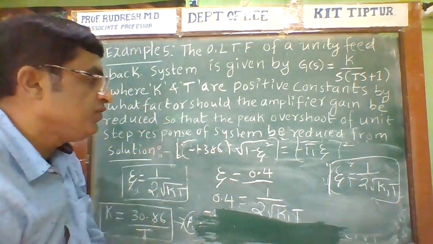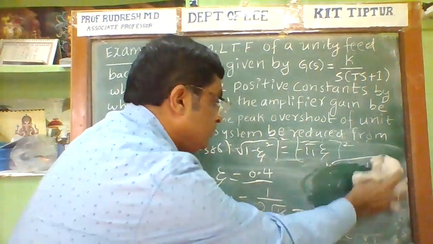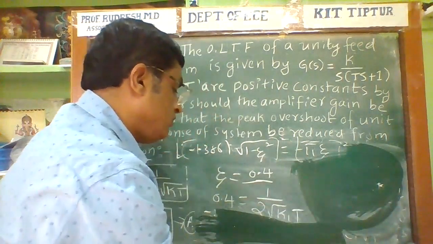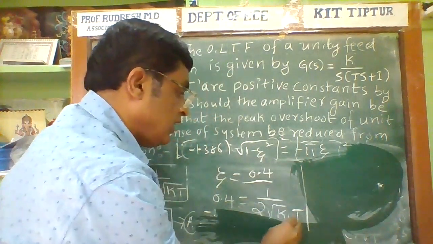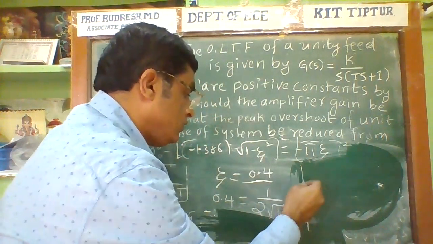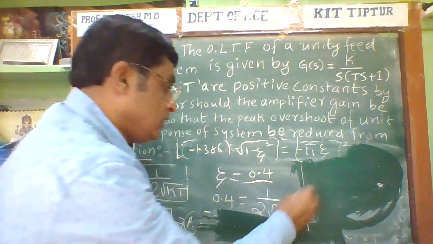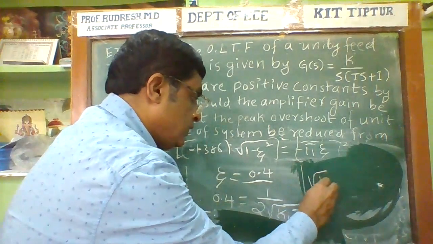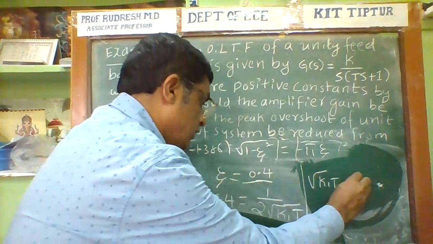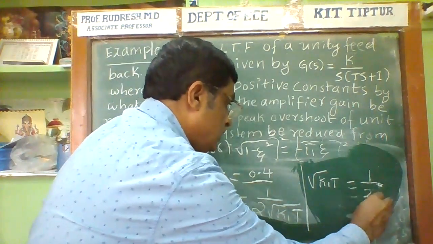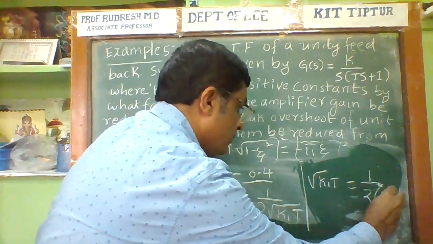K1 is the new value of the gain. Therefore, if I simplify, the square root of K1 into T is equal to 1 by 2 into 0.4.